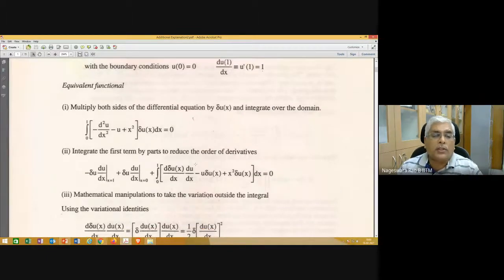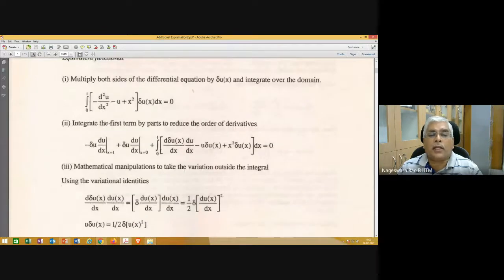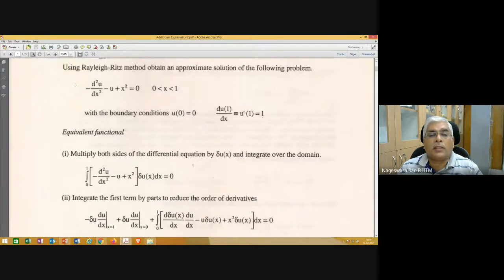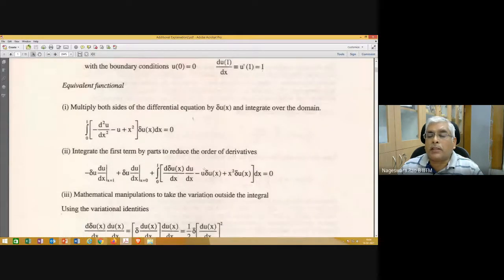As we already discussed, the first step is that given a differential equation, you multiply either side with the variation of the quantity that you are trying to approximate and integrate over the problem domain. The second step is integration by parts.